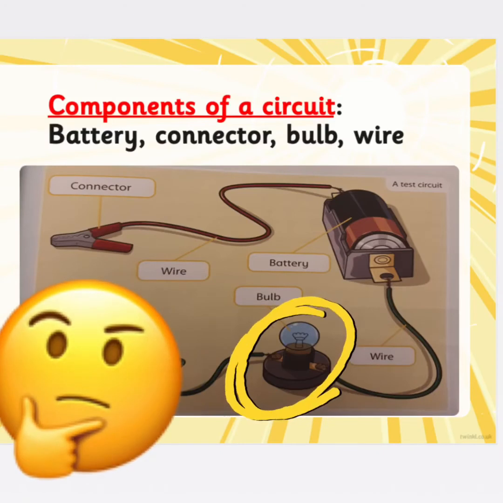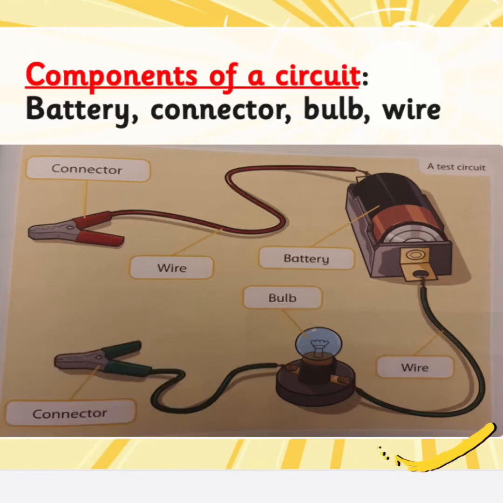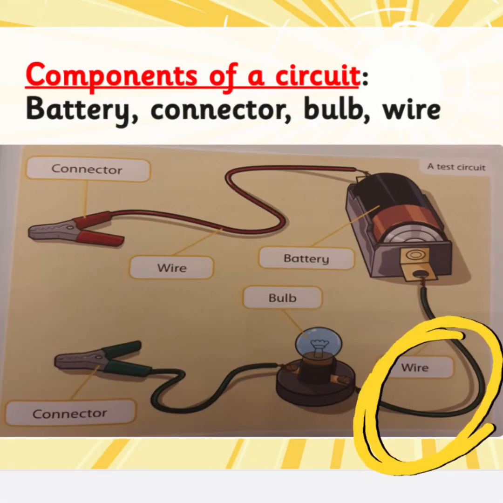Are you wondering, the battery is in its place, the bulb is in its place, how is the energy passed? There you are. And here we come to another component, that is wires. Wires carry the electrical energy that is produced from the battery from one component to another component in the circuit.